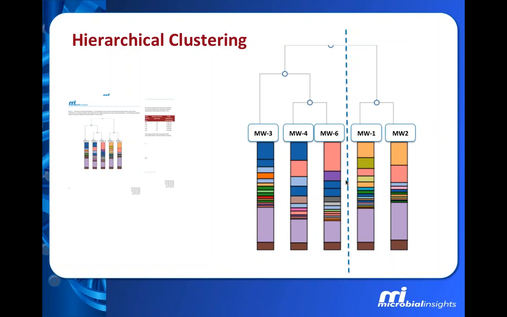Okay, so great, I've got this. What does it really mean to me? Well, we can look for common threads within a cluster, and we find some really interesting similarities and differences based on this. So perhaps, like in this case, our microbial community composition is different because we're looking at impacted versus background samples.